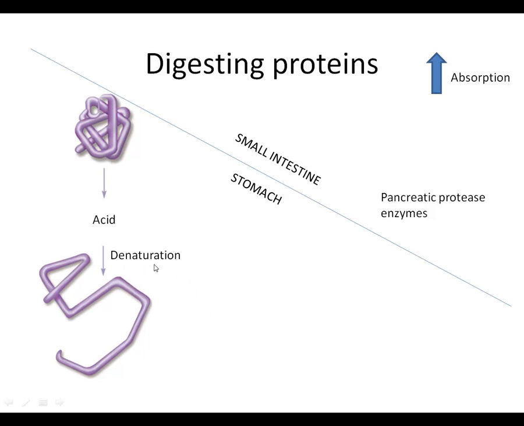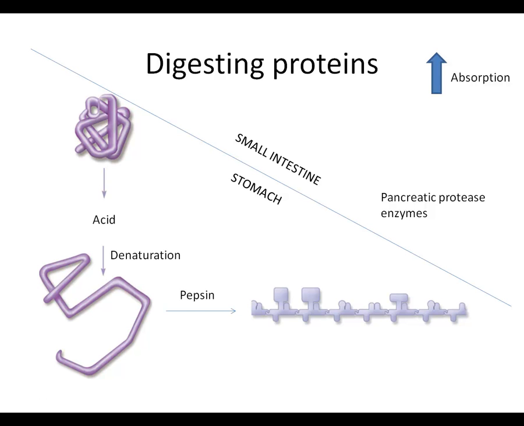So after the acid denatures the protein, the peptide bonds that are in here become accessible to an enzyme called pepsin, which breaks down that chain into peptides. How many of them? Sometimes 2, sometimes 1, sometimes 50, sometimes 100. What pepsin does is it looks for a particular combination of amino acids and breaks between them.